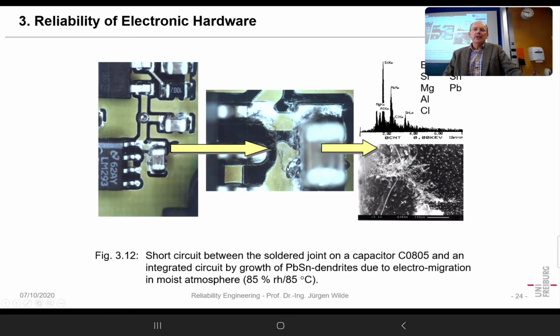So the combination of dissolution of tin and lead in that water film, and the migration of those ions in the electrical field, led to the deposition of new tin and lead at the tip of these so-called dendrites, these trees here.